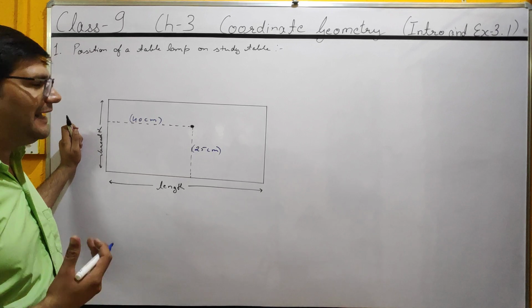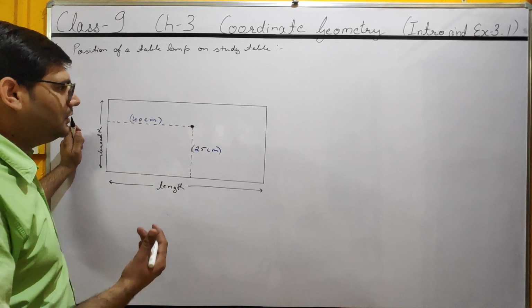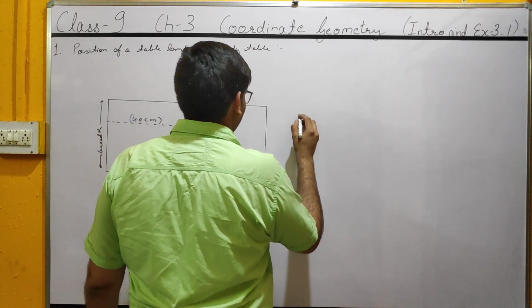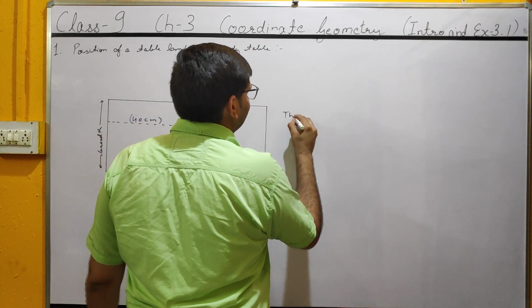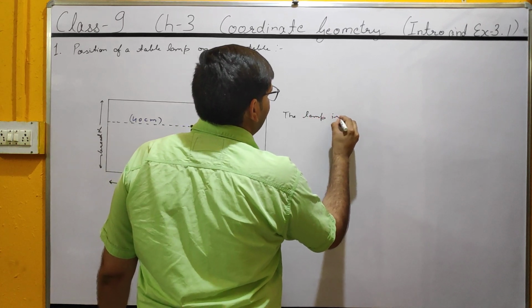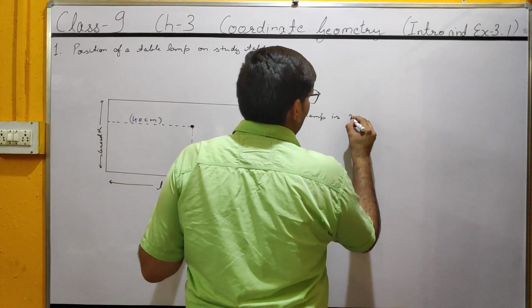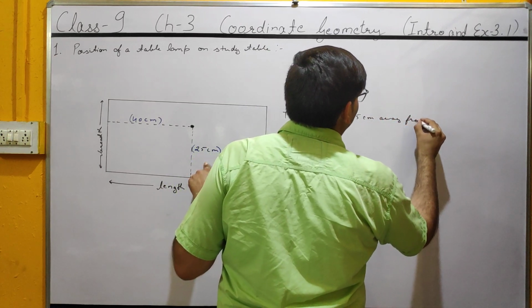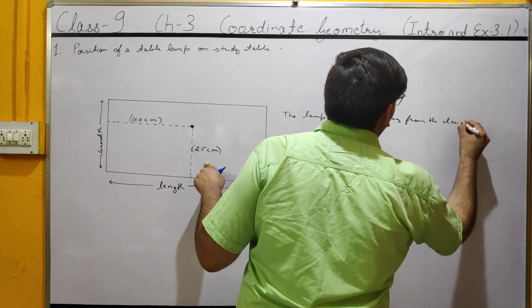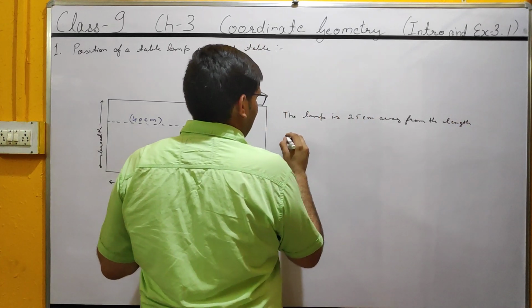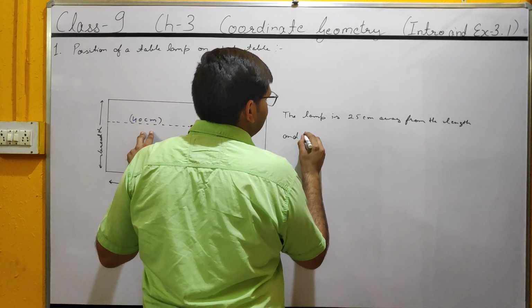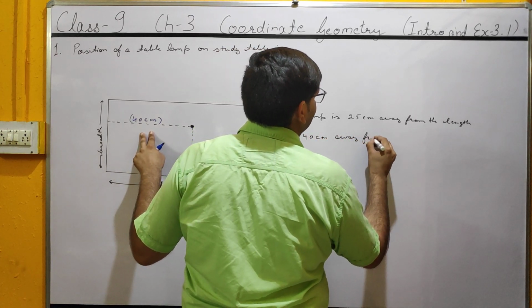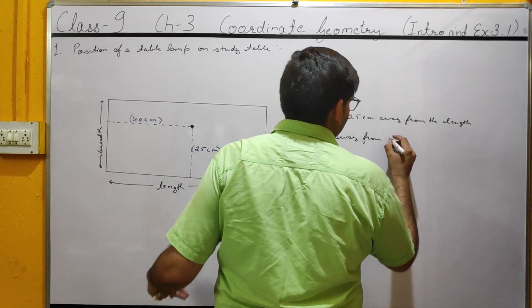So in this way we can tell the location, and moreover, if we want to write, we can write in this way, that the lamp is 25 centimeters away from the length and 40 centimeters away from the breadth.